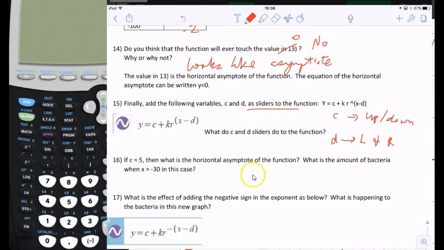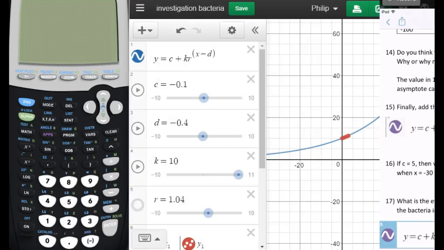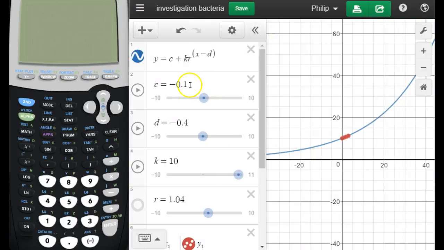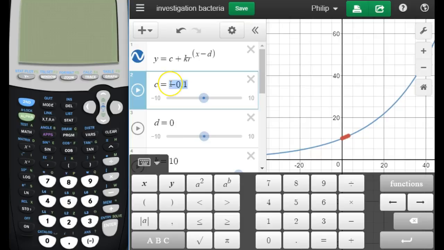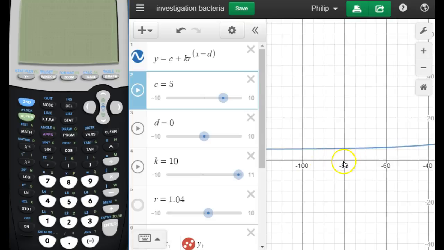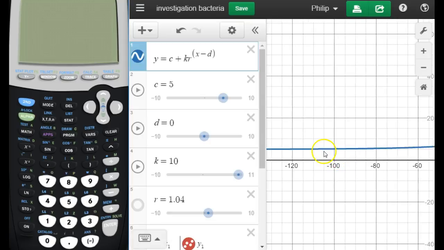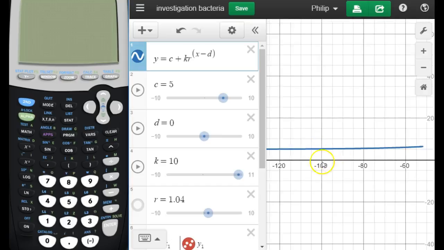If C equals 5, then what is the horizontal asymptote for the function? And what is the amount of bacteria when x equals negative 30 in this case? So let's say when C equals 5, I'm going to set D to 0. What is the horizontal asymptote in this case? I'm going to go out to the left a little bit. It looks like the horizontal asymptote is around 5.